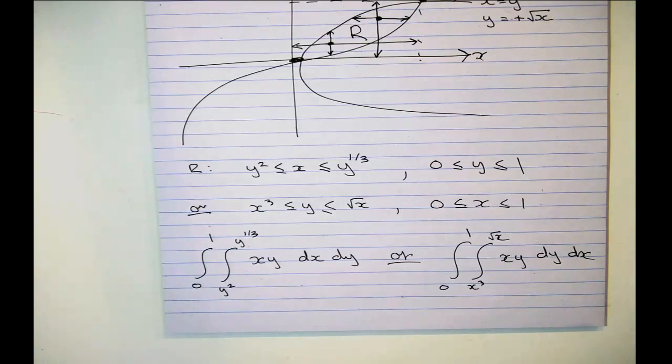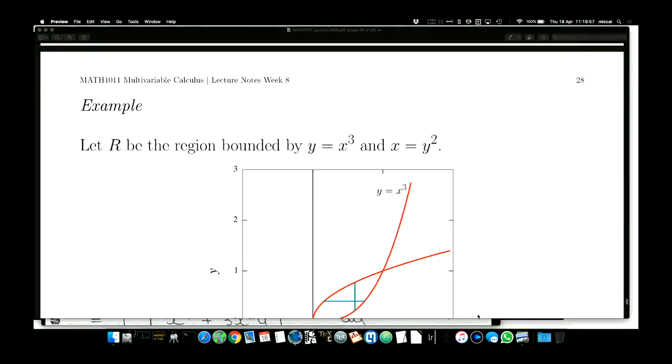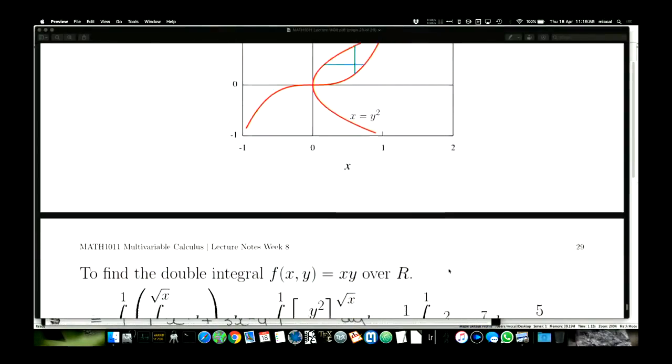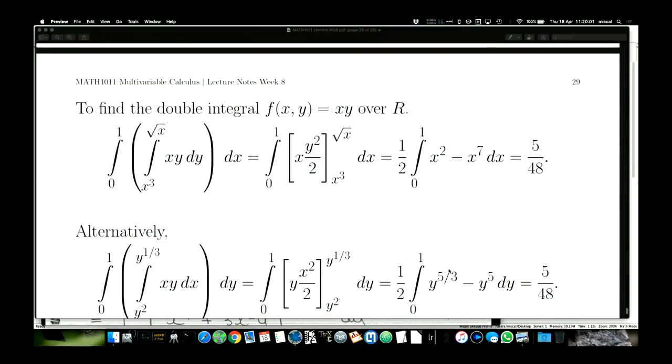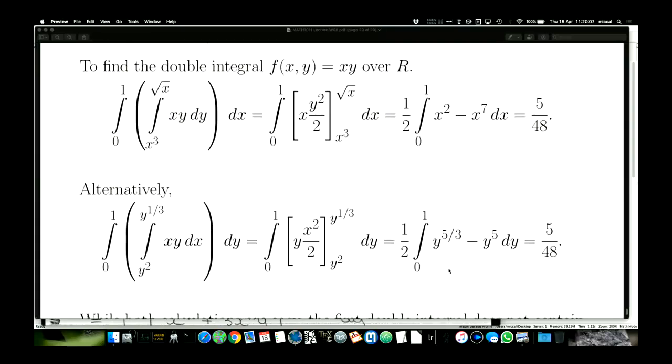So I could do it the first way. I think I've swapped them around. Yeah, that's the first one I did. First, x goes from y squared to y to the third. If I do that, I integrate this with respect to x, so imagine that y is a constant times x.